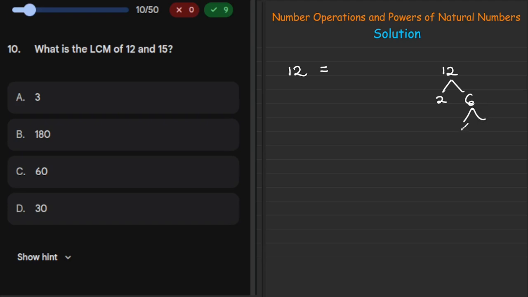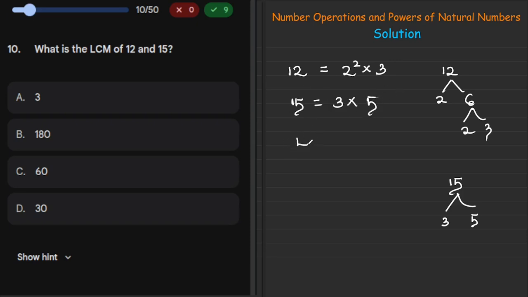Then our 6 is 2 times 3. So we can rewrite our 12 as 2 to the power 2, times 3. Then we come to our 15. 15 is actually 3 times 5. So 15 equals 3 times 5.